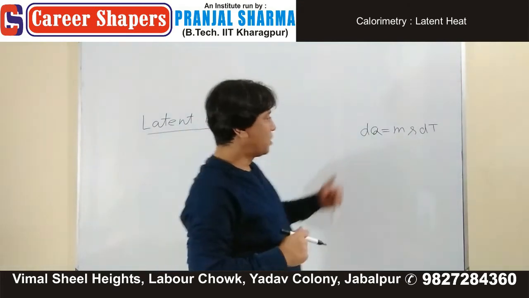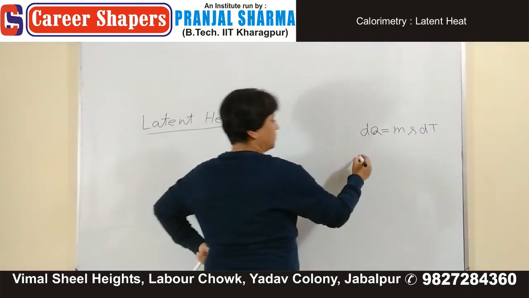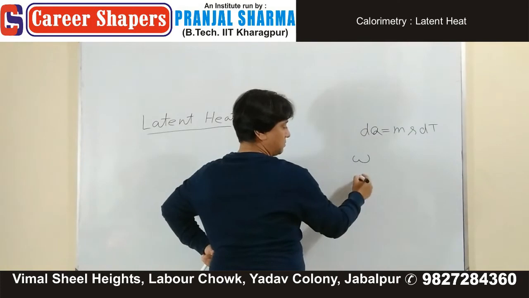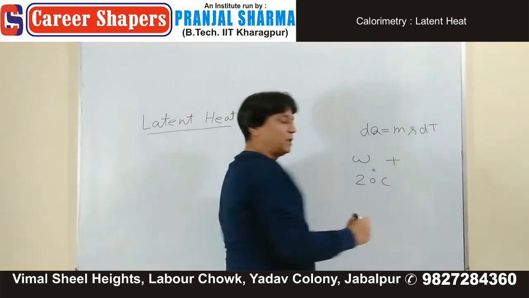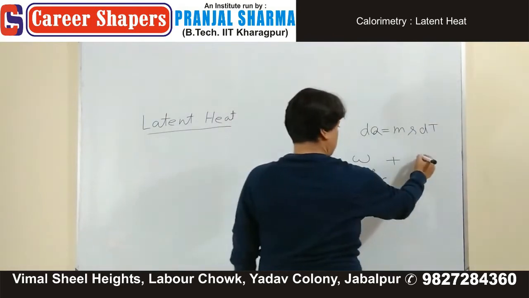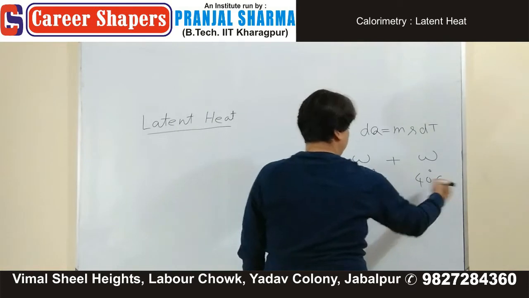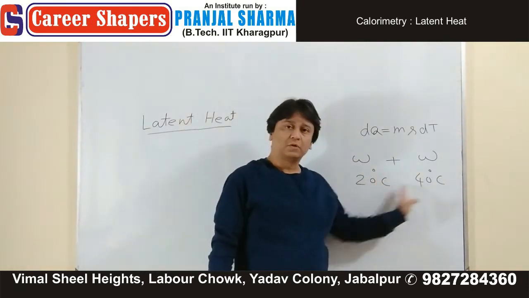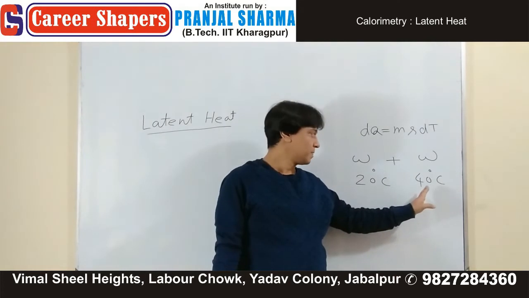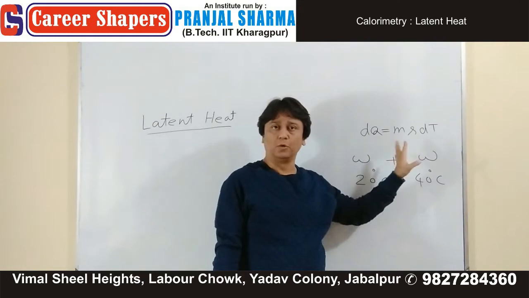When we're talking about m s delta T, you have water at 20 degrees Celsius and then you add some water which is at 40 degrees Celsius. When we go for this type of mixing, we use dQ equals m s dT alone.